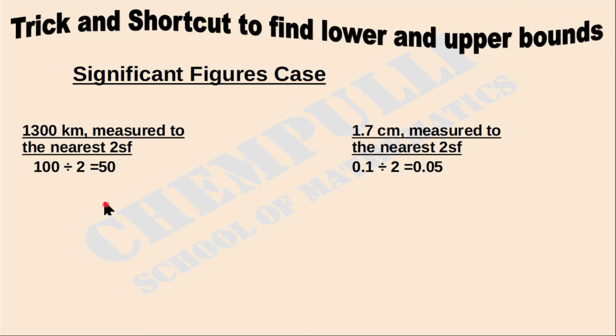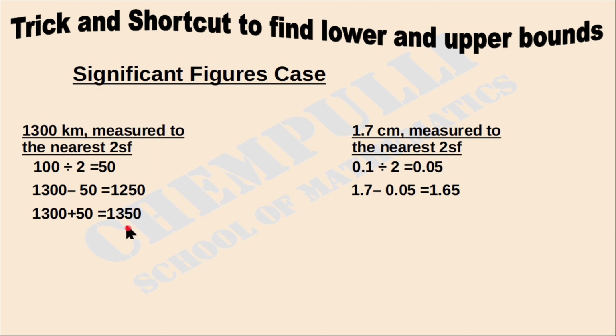Then to find the lower bound, subtract this 50. In this case, subtract this 50 from this 1300, that is 1300 minus 50, that is 1250. Then for the lower bound of 1.7, 1.7 minus 0.05, we will get the answer 1.65. To find the upper bound, 1300 plus 50, you will get the answer 1350.